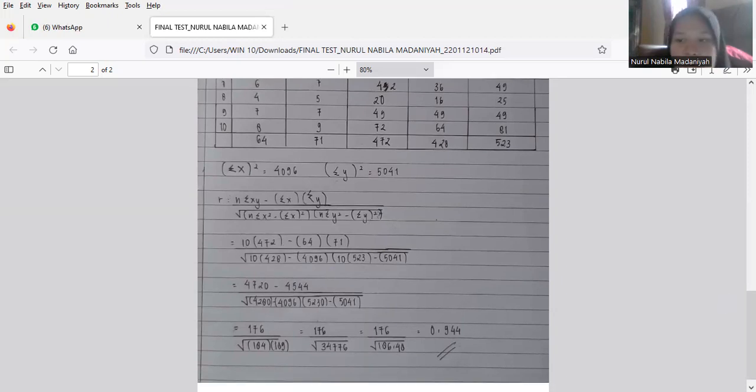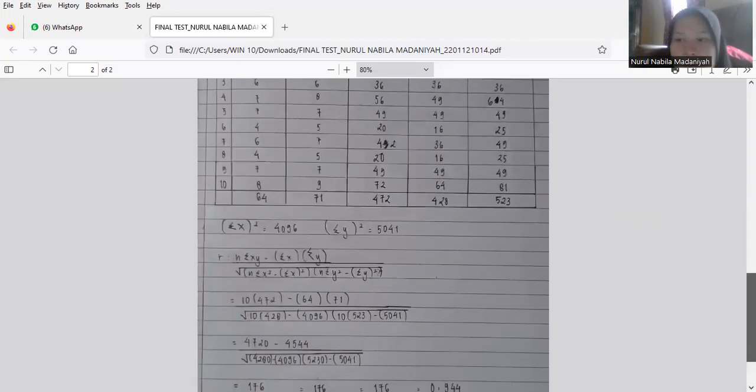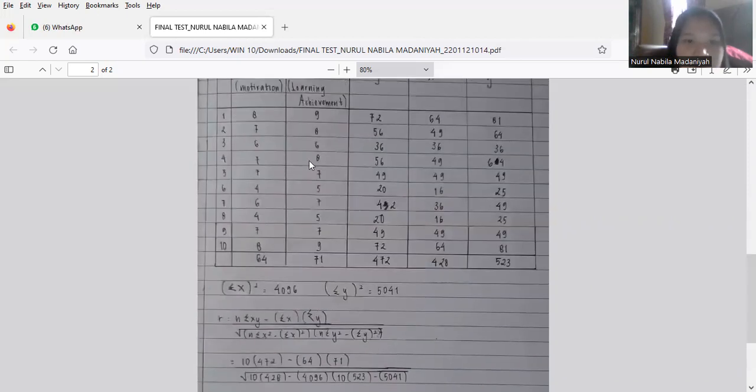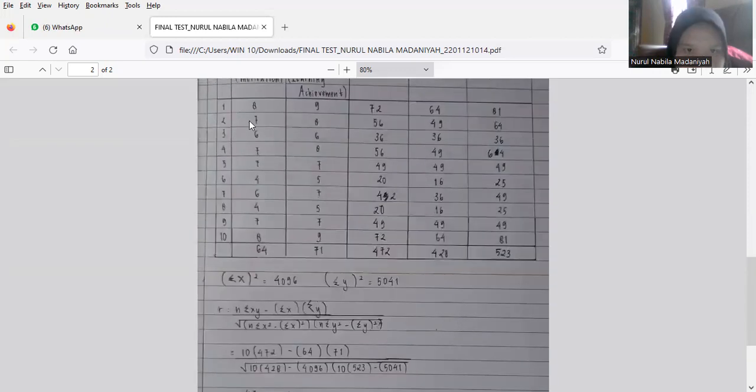And then why can I get n that is 10? It is from this x1 until x10. 1, 2, 3, 4, 5, 6, 7, 8, 9, 10.